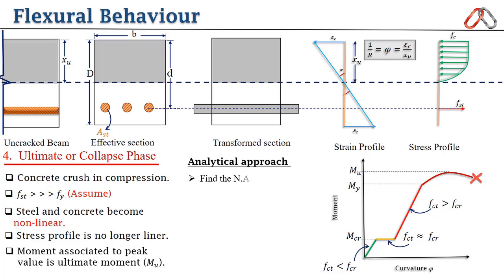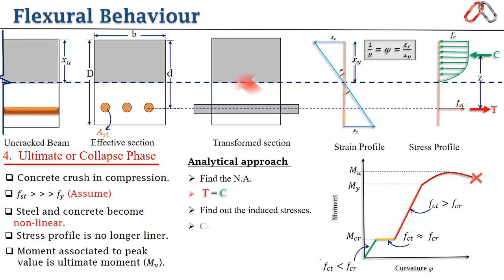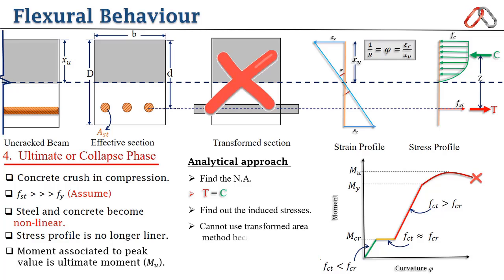The analytical approach of this phase is first find out the location of neutral axis, then use force equilibrium equation and find out the induced stresses. We cannot use transform area method here because concrete and steel are no longer linear.